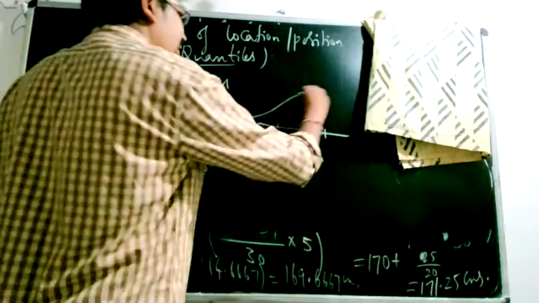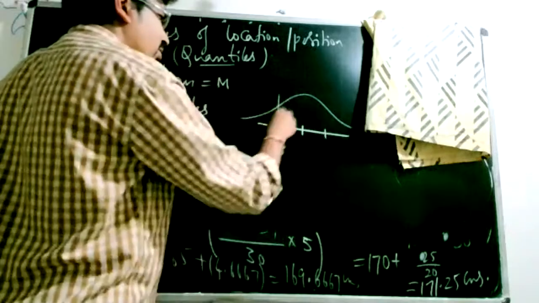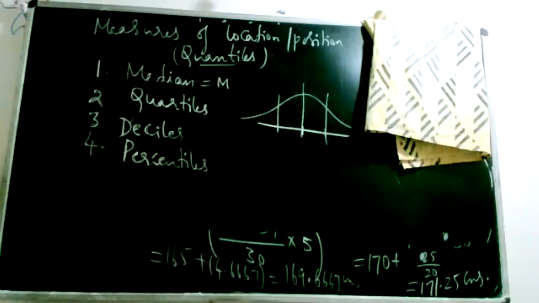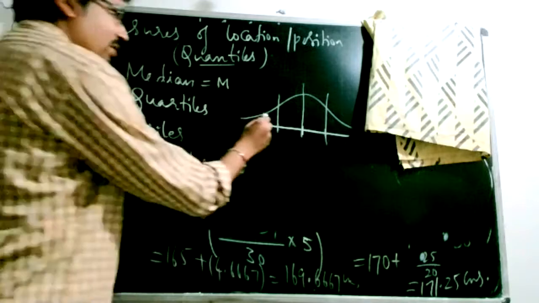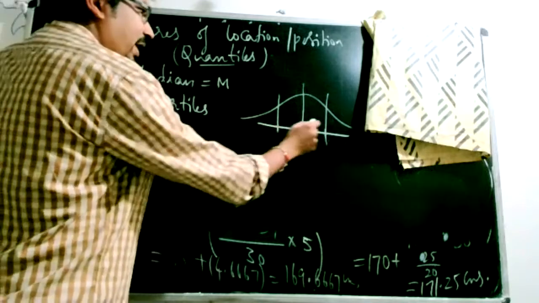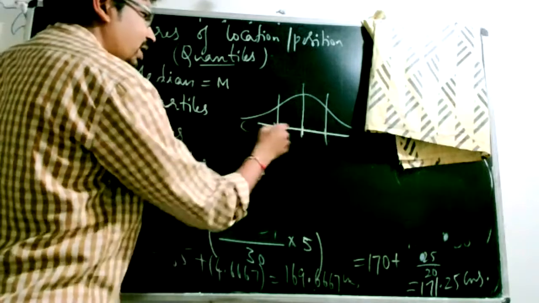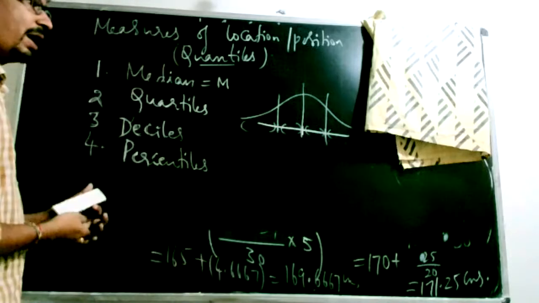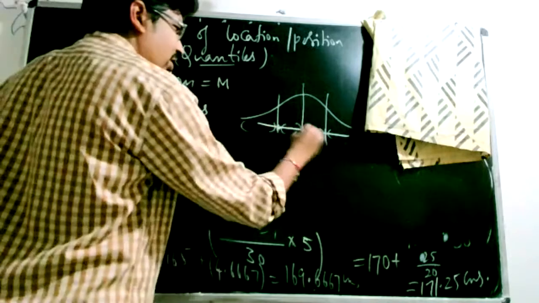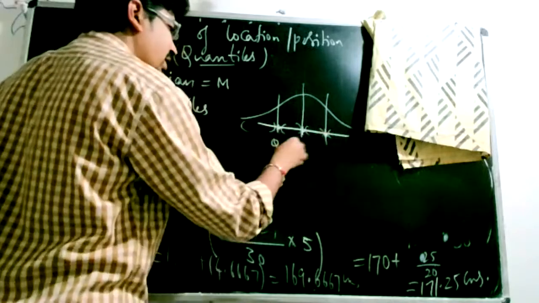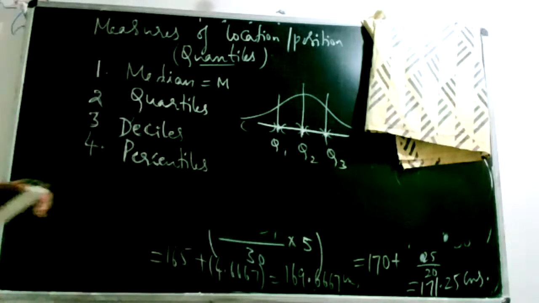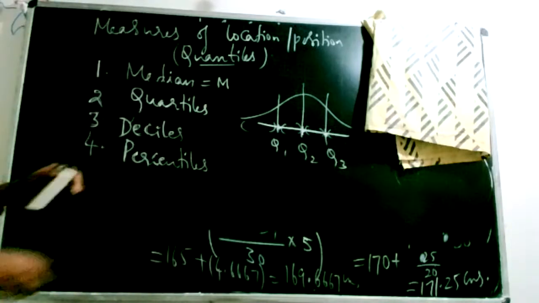Similarly, for a frequency distribution, you can cut it at three places to obtain an equal number of observations. Here, don't look into the areas. We are talking about the number of observations falling into those four groups, and the positions of x where the cuts are made are called quartiles, indicated by Q1, Q2, Q3.